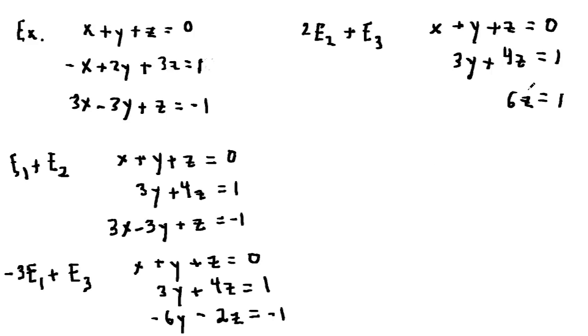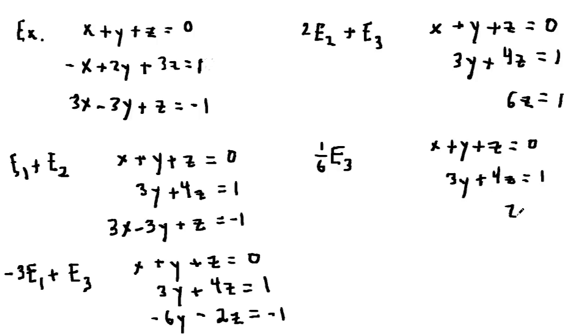Okay. So now, look down here at this 6z. We want the coefficient to be 1. So let's divide out by 6. So it's going to be 1/6 times the third equation. So let's rewrite everything here. And we get z equals 1/6. Look at the coefficient of y in this second equation.